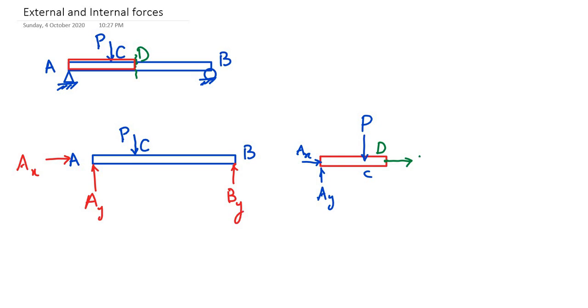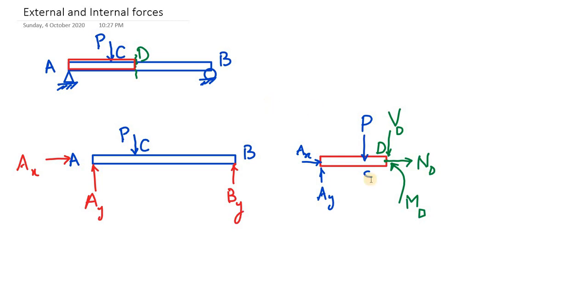Better to call it a normal force; let's represent it by N. Then we have another force acting tangential, or parallel, to the section, called the shear force V. And we have another internal moment, which is M. These three, the ones in green, are the internal forces present in this beam at location D. So let's put the subscript D with all these forces because they exist at a particular location D.